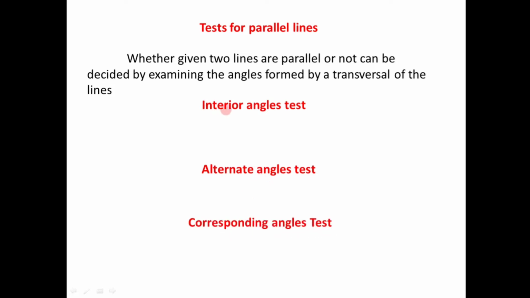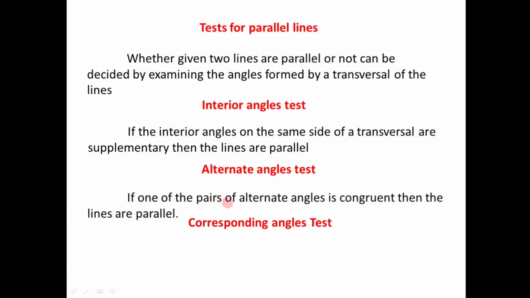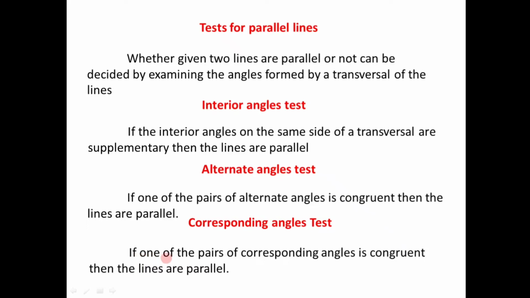Let us have the statement of the first test, the interior angles test. The statement is, if the interior angles on the same side of a transversal are supplementary, then the lines are parallel. The alternate angles test is, if one of the pairs of alternate angles is congruent, then the lines are parallel. And the corresponding angles test is, if one of the pairs of corresponding angles is congruent, then the lines are parallel.